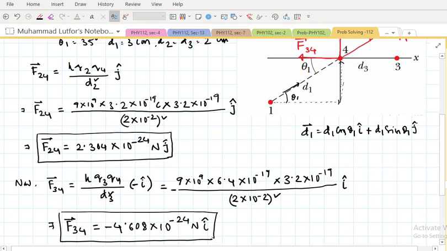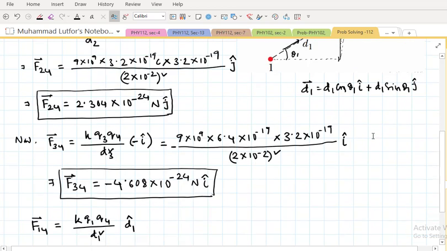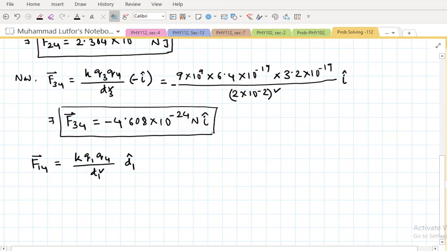So this is the D1 vector, and the magnitude will also be D1: D1 square cos square theta plus D1 square sin square theta. Cos square theta plus sin square theta is 1, so the magnitude will be D1.